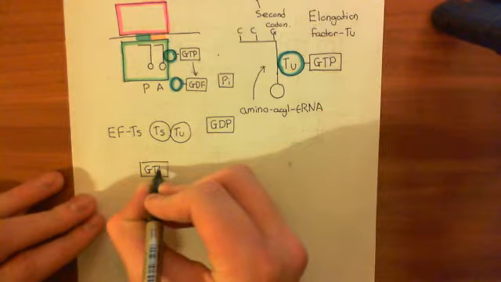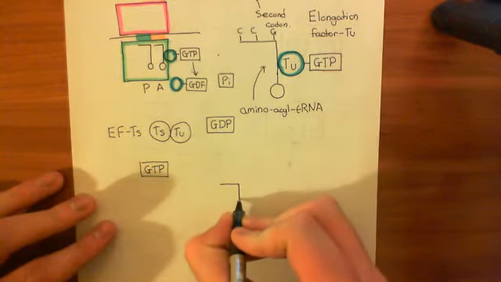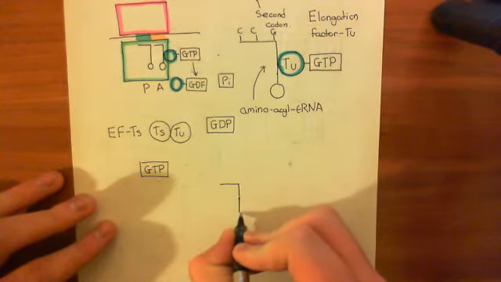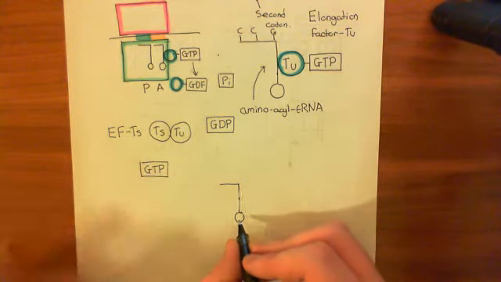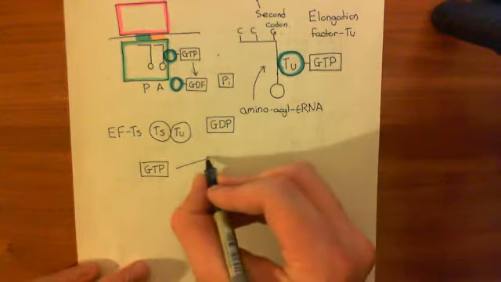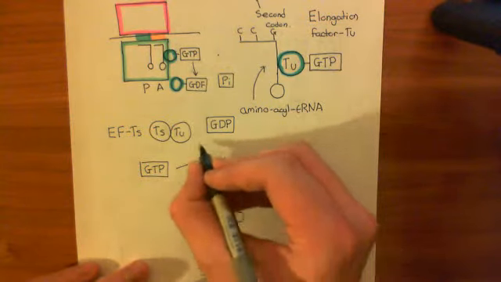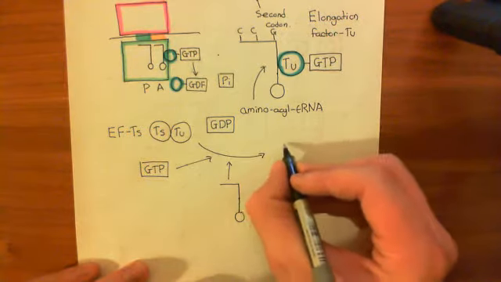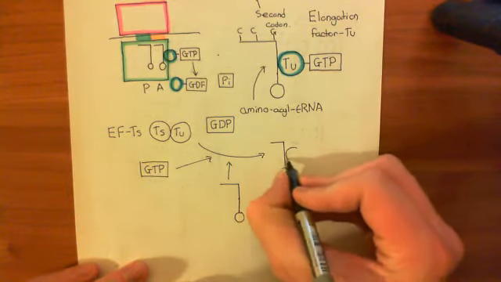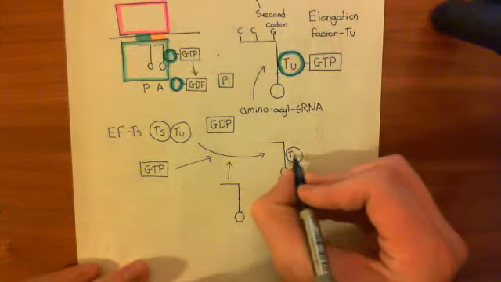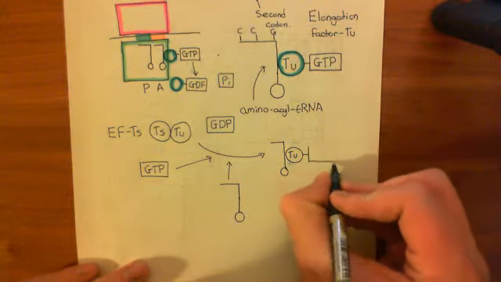Okay, it's also going to grab an amino acyl tRNA, which I'll just denote like this. So a tRNA molecule with an amino acid bound to it at the end. So it's going to grab these two things, and it's going to bind them to the TU protein, so you get back amino acyl tRNA proteins with the elongation factor TU protein bound to GTP.